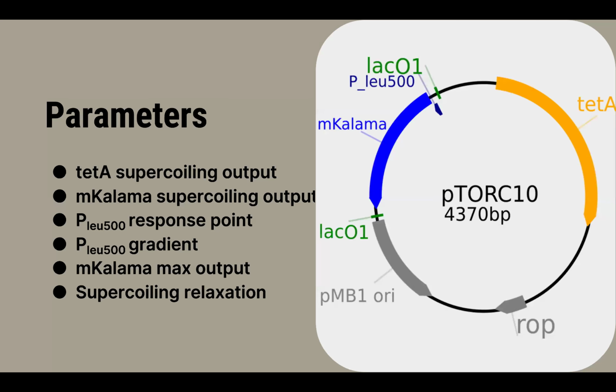So what do we need in terms of parameters for our computational model? So first, we need to know how much negative supercoiling does TET-A actually produce? Because that's going to be pretty important since this is the engine driving our system. How much negative supercoiling does our fluorescent gene produce?